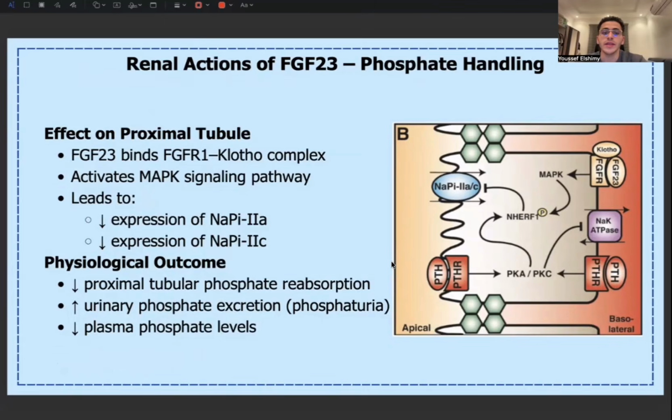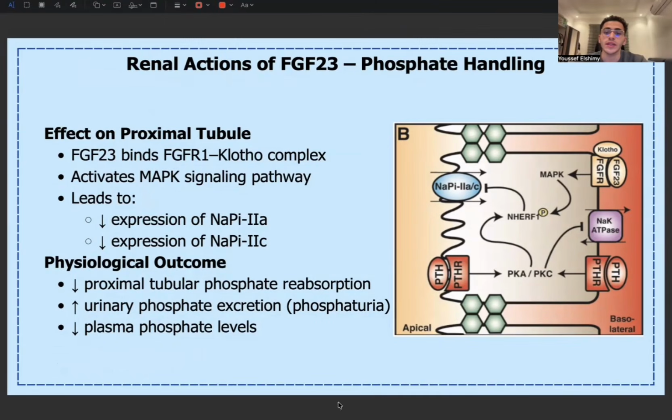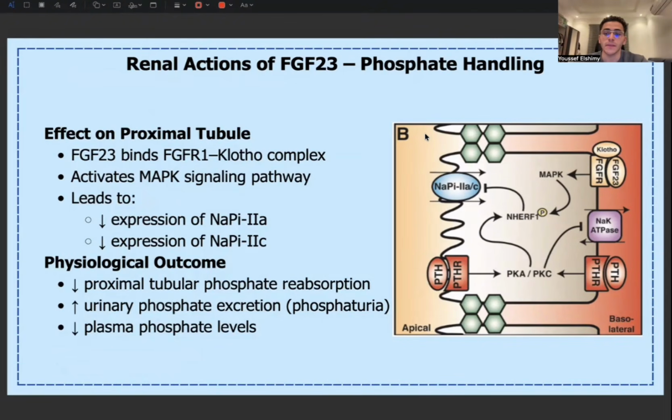So what are the effects of FGF23 on the kidneys? When we mentioned phosphate reabsorption, we talked about sodium phosphate 2A and 2C, and they play a role in reabsorbing phosphate. FGF23 wants to decrease phosphate in our body.